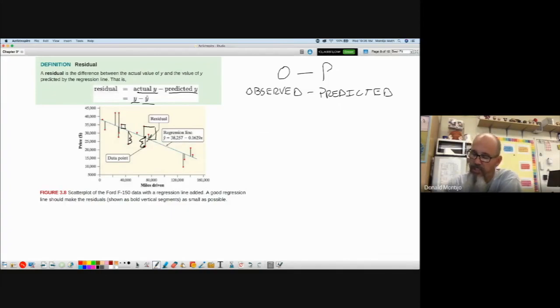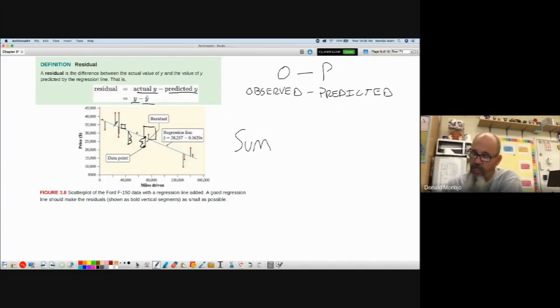Okay? With residuals, there will always be positive and negative values. If we took all of these values, observed minus predicted, all the points above the prediction line would have a positive residual, and all of the points below would have a negative residual.